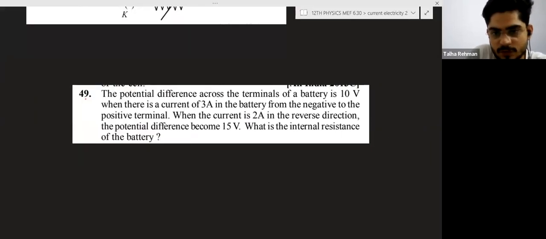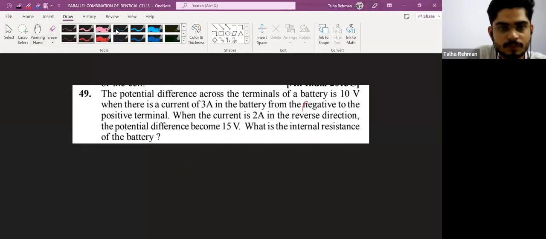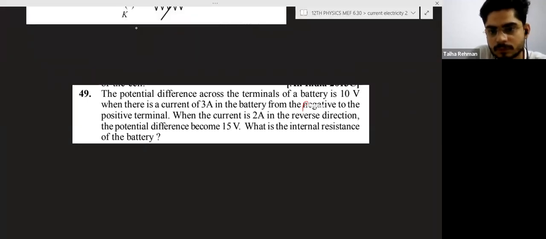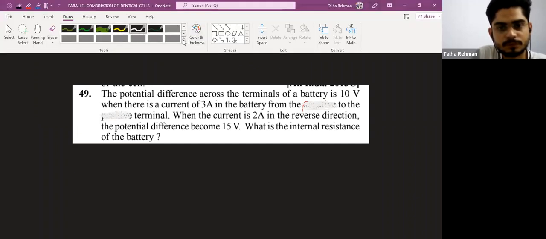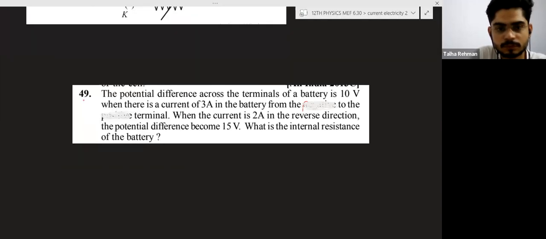Here this negative is not the negative, this is positive, and here will be negative.